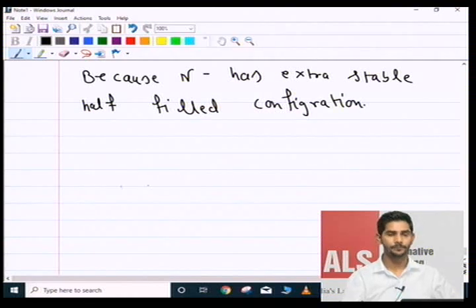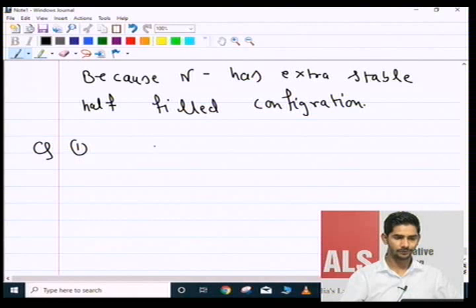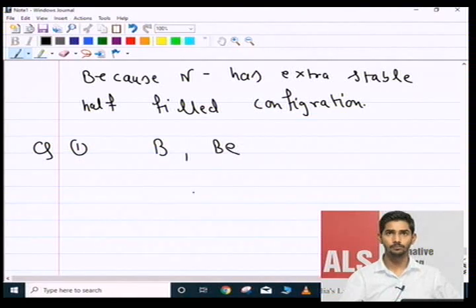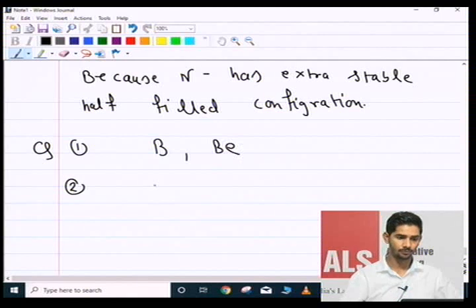Okay. For example, there are few more questions based on the ionization energy. Number 1, compare boron with beryllium. This is the homework for you guys. Number 2, chromium with manganese.